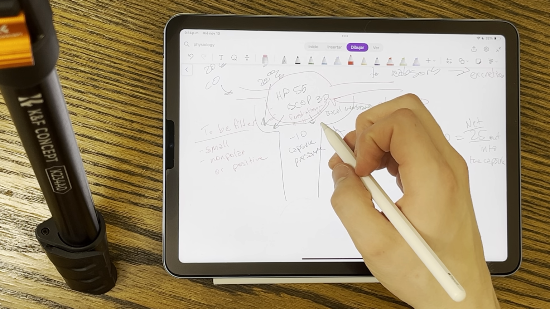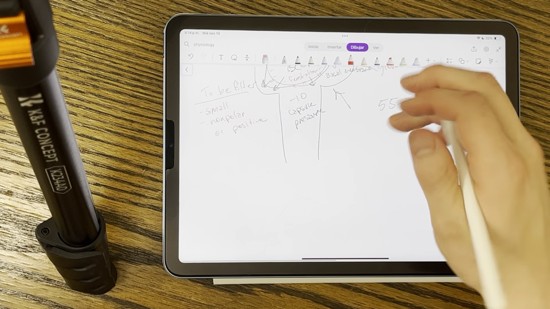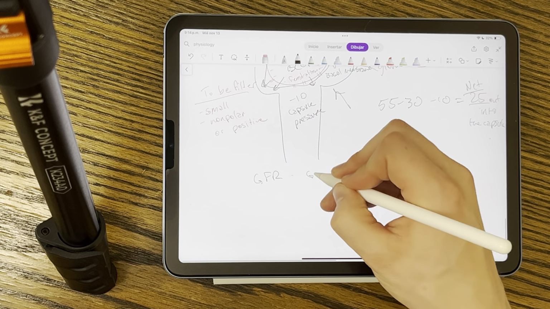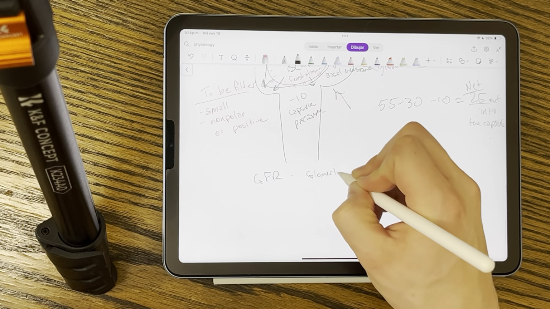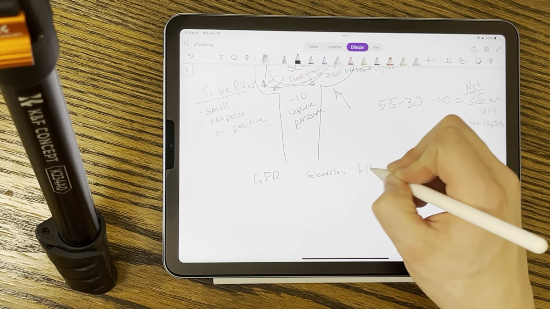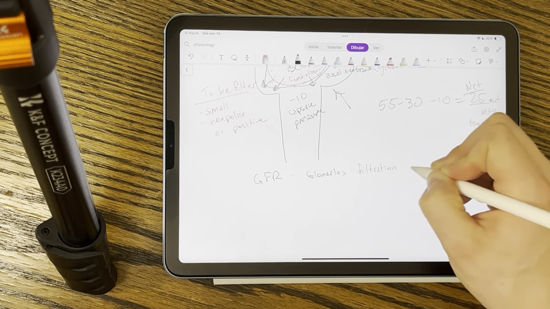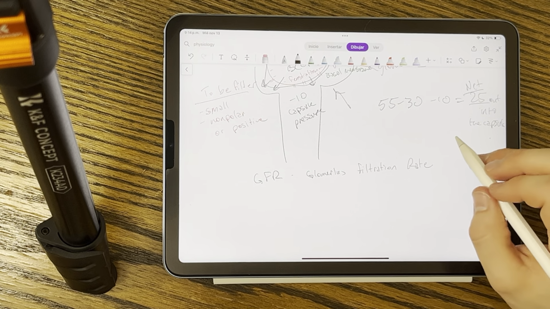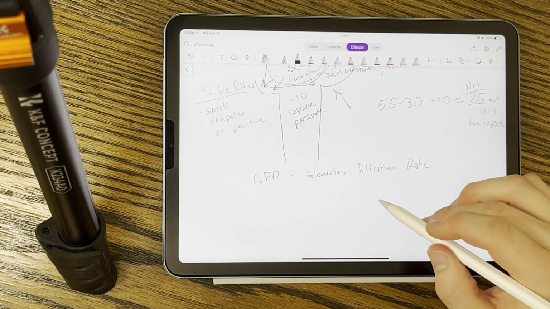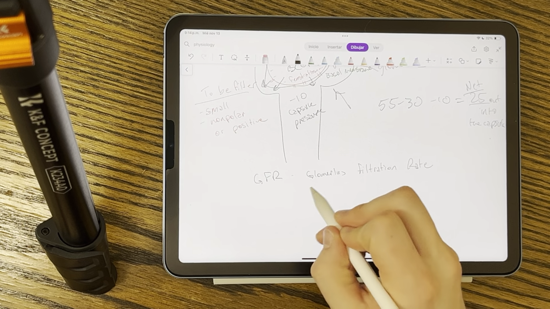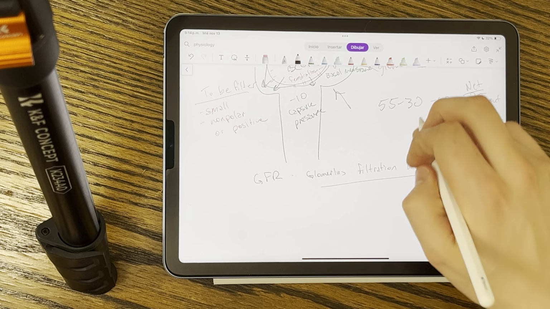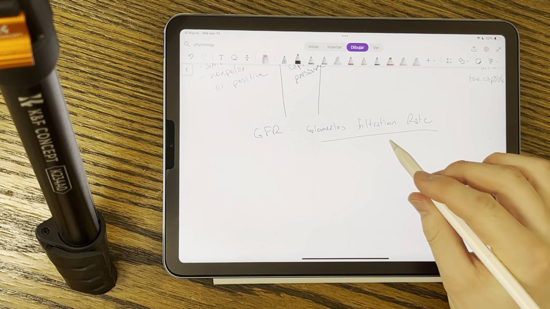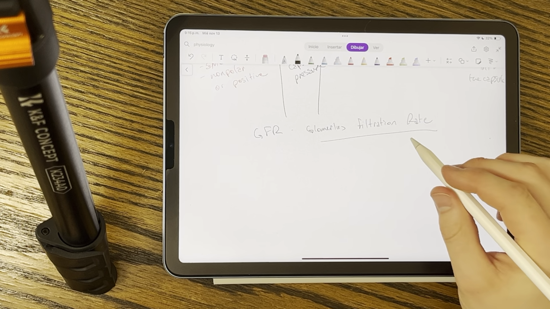So real fast, I'm going to talk about GFR. This is glomerulus filtration rate. So we want to measure how much is being filtered and how much is being reabsorbed. So the glomerulus filtration rate is saying how much of the thing is being filtered, how quickly.